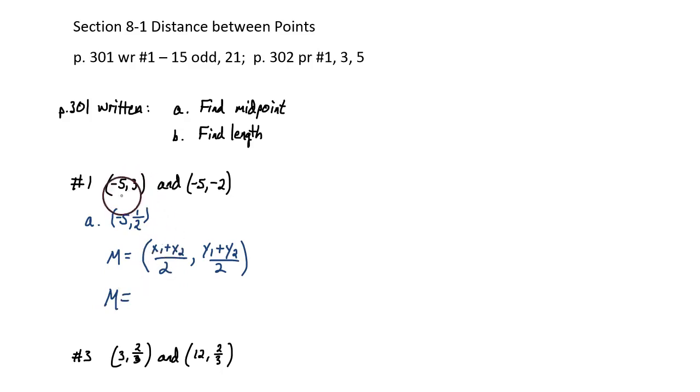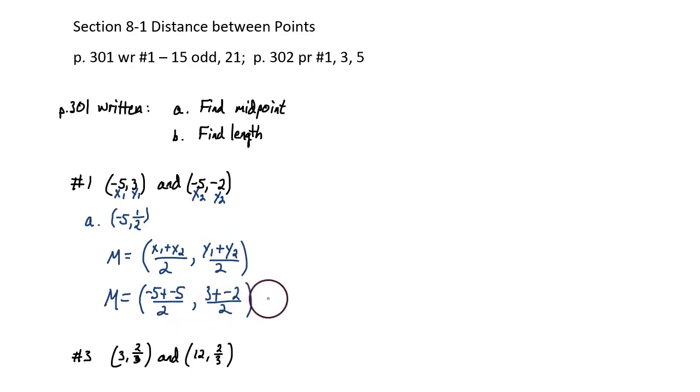In our problem, x1 is the -5, x2 is the -5, the 3 is y1, and the -2 is y2. So make those substitutions. -5 plus -5 divided by 2, comma. And now for the y values, we have 3 plus -2 divided by 2.